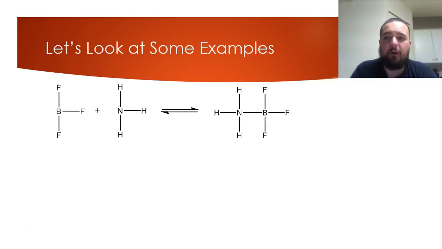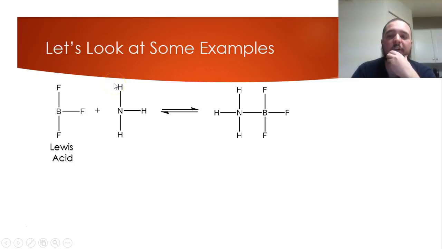All right, so it forms this weird complex. Now, we have to define what's the Lewis acid, what's the Lewis base. Well, what do you think the Lewis acid is? Let's think about it. What do you think gives its electrons to another? So, turns out this is the Lewis acid. In regards to that, it's in regards to energies primarily. What happens is that this ammonia molecule is actually at a higher energy than this BF3 complex.